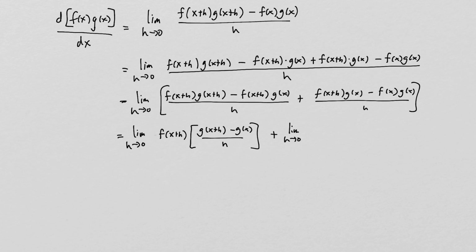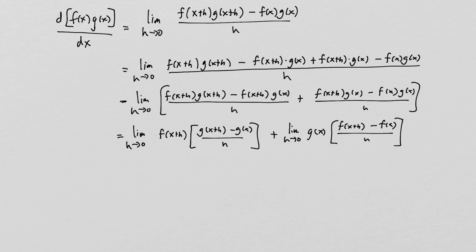Here I can see that I have a g of x as a common factor, and I'm going to factor that out. So we get g of x multiplied by f of x plus h minus f of x, all divided by h.